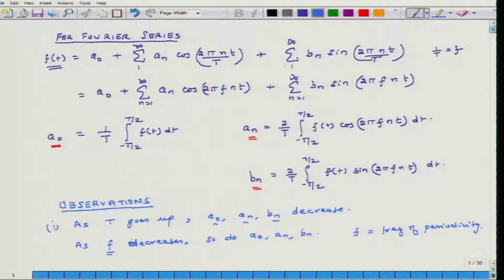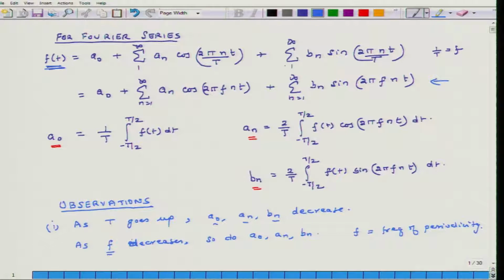So far, we have discussed that if I have a function which is periodic and its periodicity is T seconds, then I can represent it as a Fourier series. But consider a function which is not periodic, which does not repeat itself.